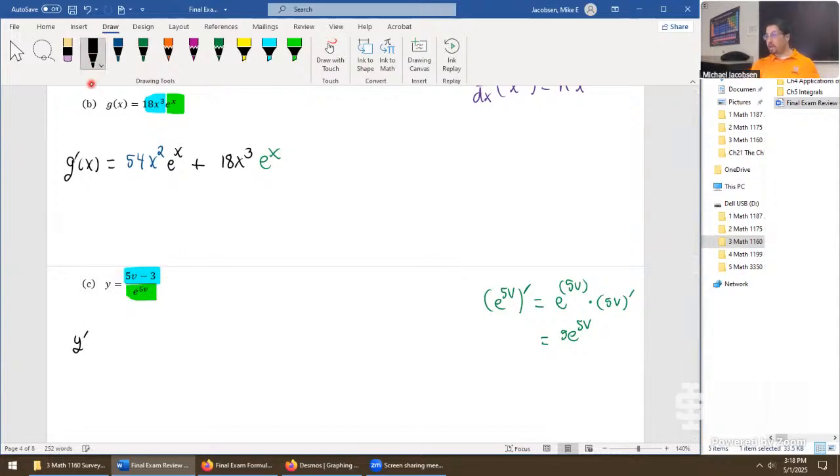So now the derivative is y prime. And here's the pattern on this one. Much like we differentiated the first factor and just threw it in, here we'll differentiate the numerator. It's linear, so this is just a 5. Then we copy the denominator, e to the power 5v. One big change is from plus, we go to negative in the quotient rule.